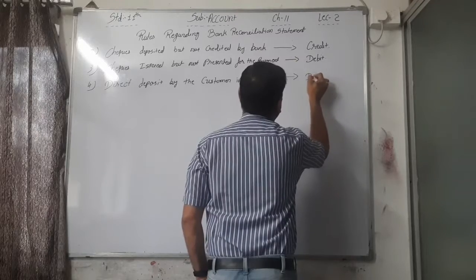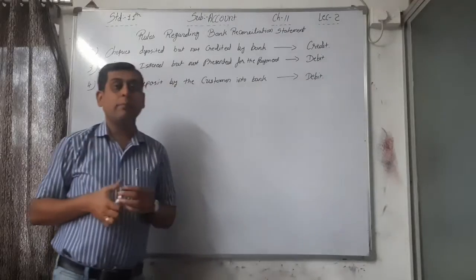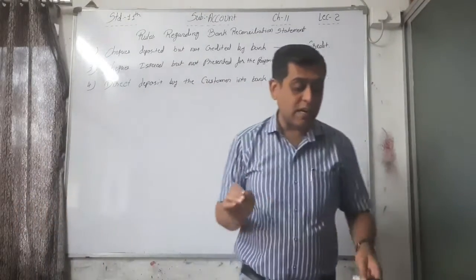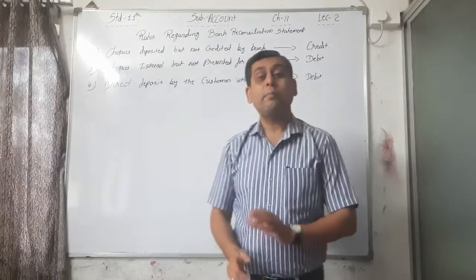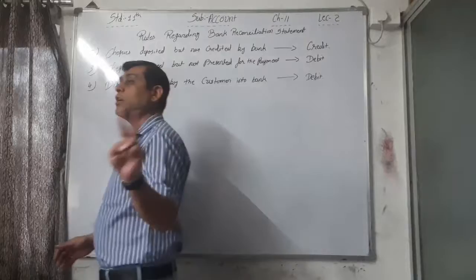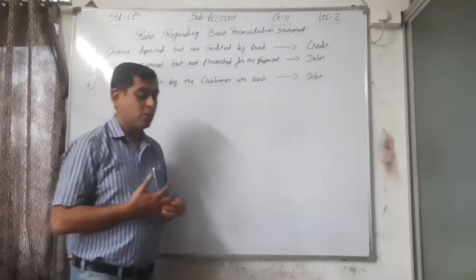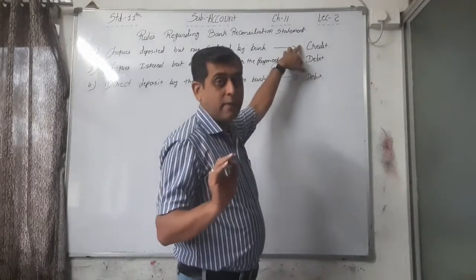Bank is credited, that's why we have to debit it. Bank always credits that amount which is deposited into our account. That's why bank is credited, so we have to do just the opposite, that is we have to just debit it. Okay, so these two mistakes are done by the bank.